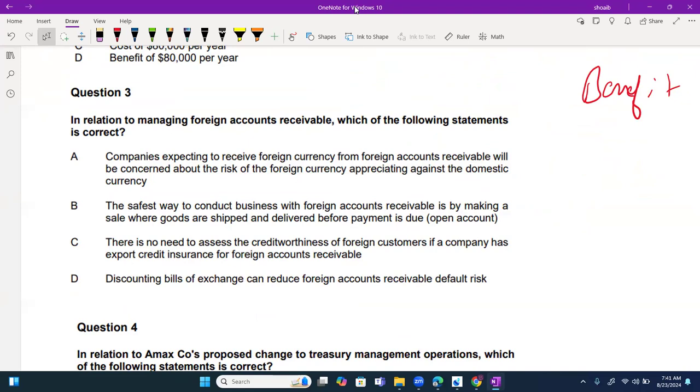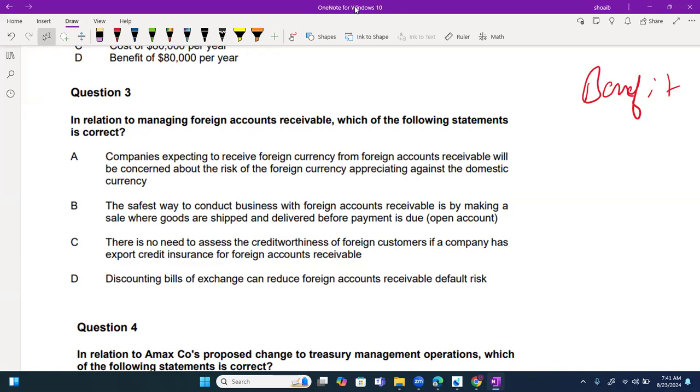No, this is the wrong answer. Foreign currency appreciating means domestic currency depreciating. If domestic currency is depreciating, it is beneficial for you. For example, currently if Pakistani rupee is 280 rupee against dollar, if it moves to 300, PKR is depreciating, but it is beneficial for the exporter.